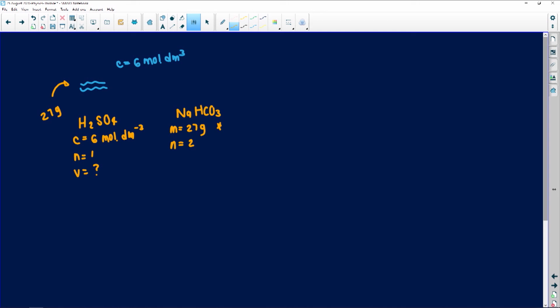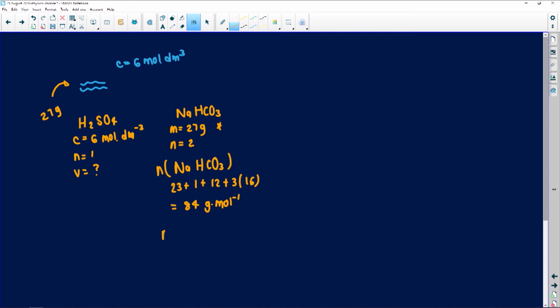Now, using my periodic table, I can find the moles of NaHCO3. Looking on the periodic table, for sodium we have 23 grams per mole, hydrogen is 1, carbon is 12, plus 3 oxygens, which are 16. Looking at this, I'm going to have 84 grams per mole.